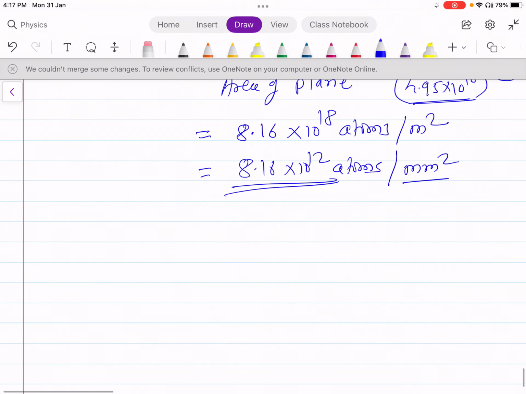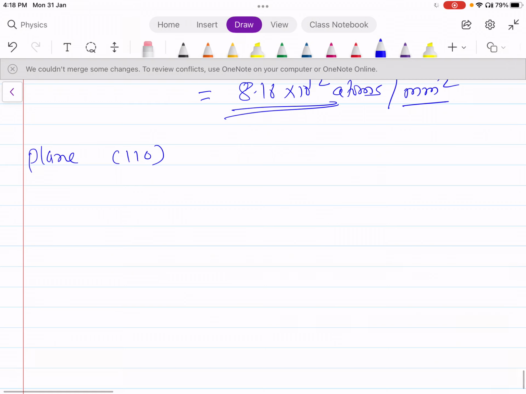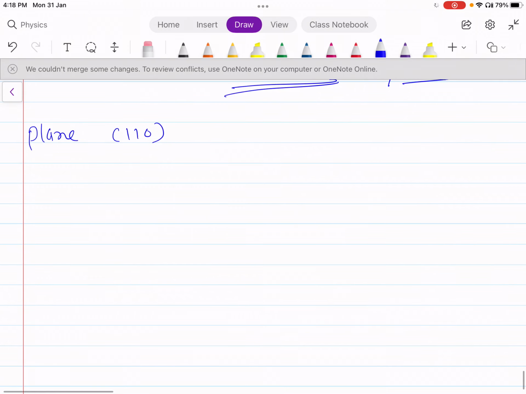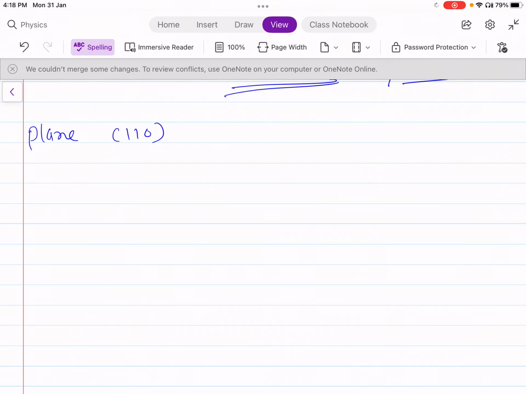Then we have to consider another plane. Another plane is 110. I have to show this plane. So let me draw the unit cell first.